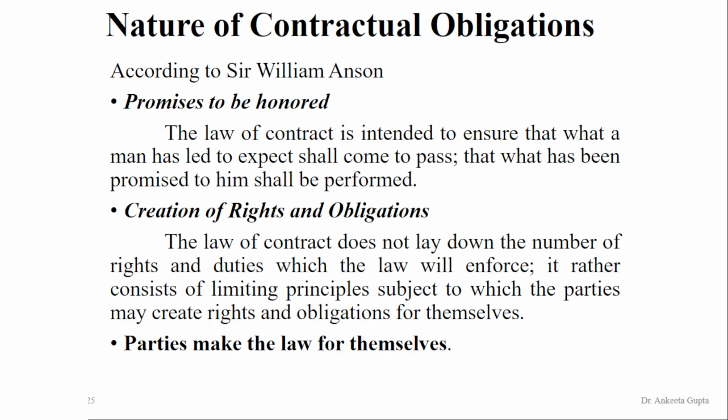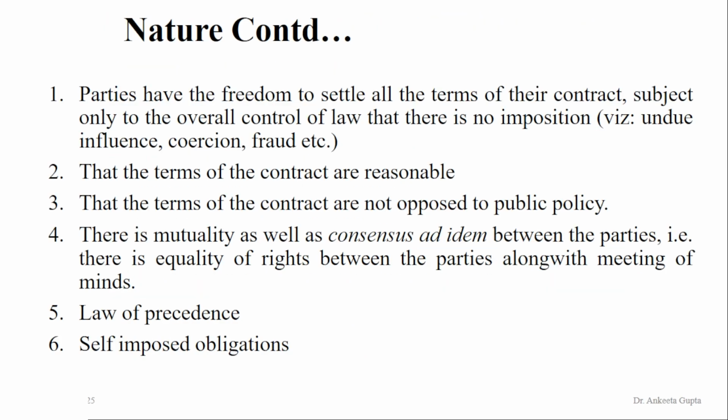So the party has a right to consideration. The obligation is that if you have promised, you will not breach it and you will perform the contract. Thirdly, the parties are making the law for themselves. Parties have the freedom to settle all the terms of their contract, subject only to the overall control of the law.